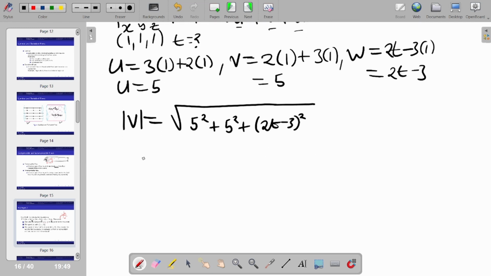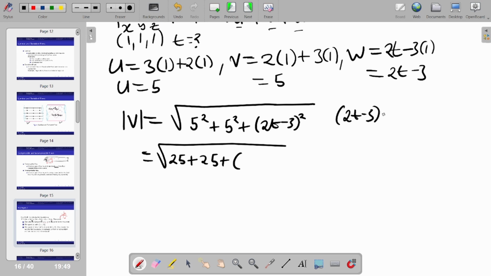Then let's simplify. We have 25 plus 25 plus, if you expand this, let me expand it on the side here, 2t minus 3. This is squared, so we should have another 2t minus 3. If you expand this, the first term times this, again this times that. 2t times 2t, you get 4t squared, minus 2t times 3, 6t. The second part will be this term times this, and then this again times the last one.